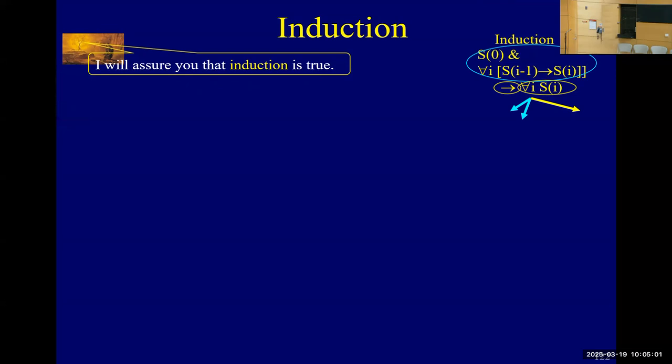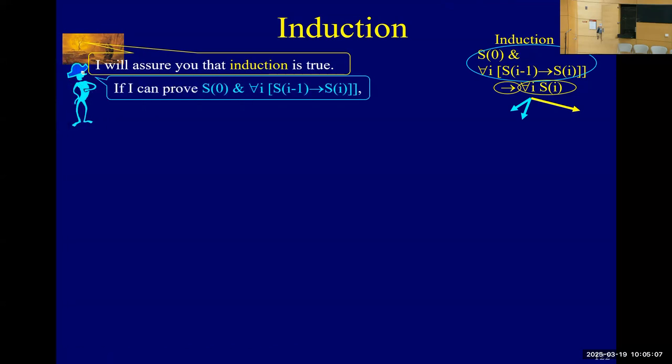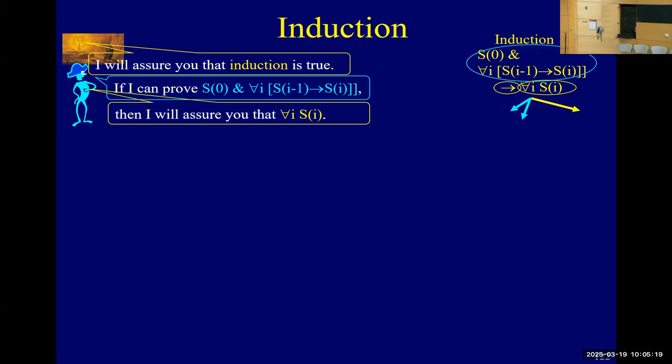The top level is this implies. So when we use it, we prove S0 in the inductive step, and the oracle gives us that it's true for all I. How do we do those things?